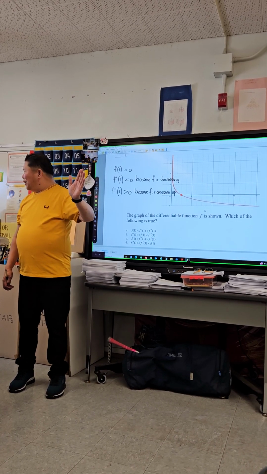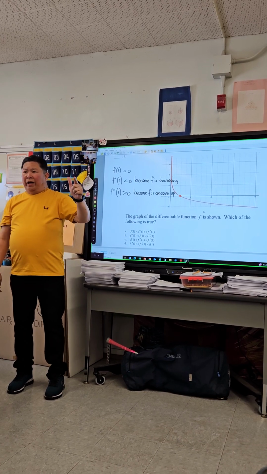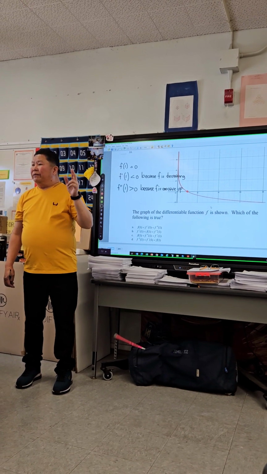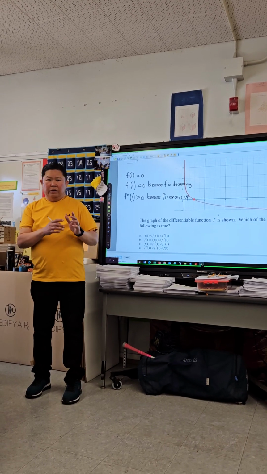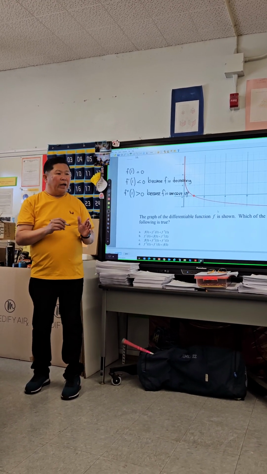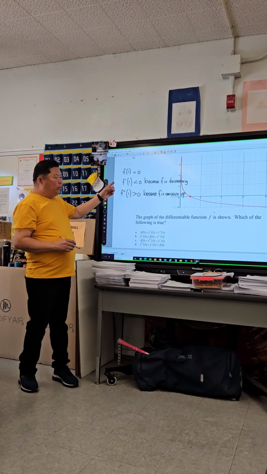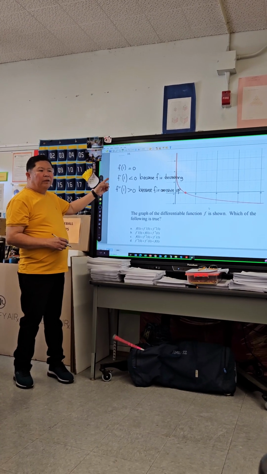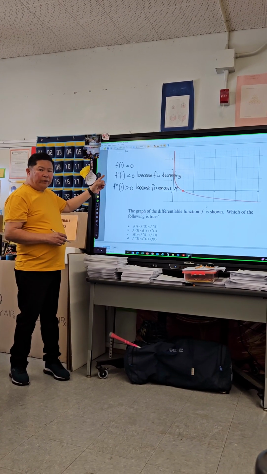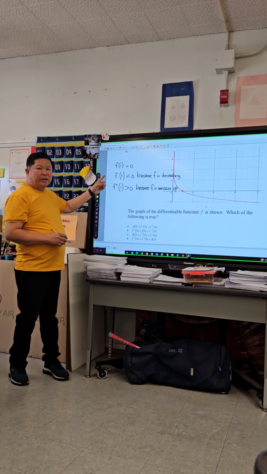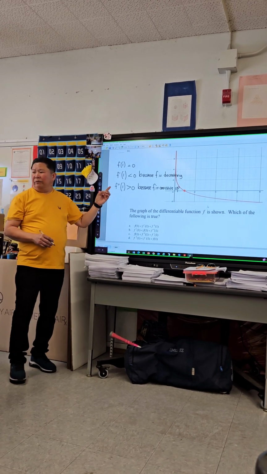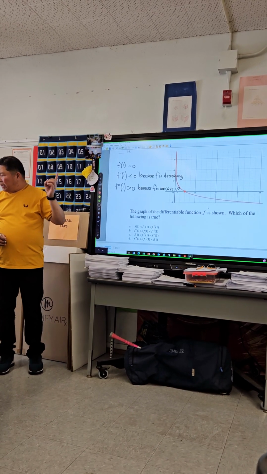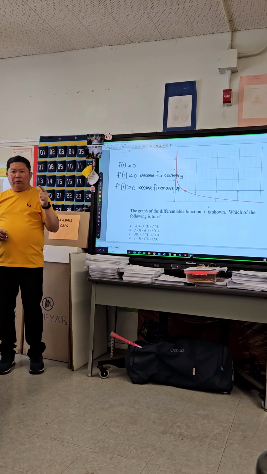And the second derivative is focusing on concavity. Again, what is the first derivative? Whether the function is increasing or decreasing. And for the second derivative, whether the function is concave up or concave down.